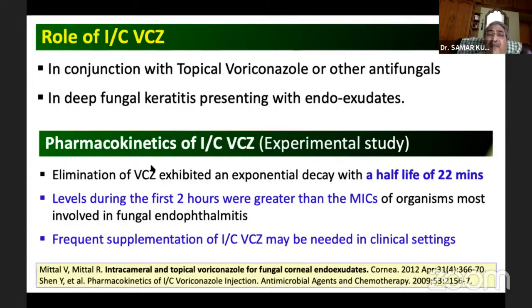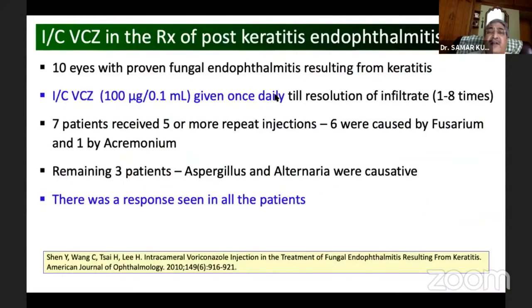Similarly with intracameral voriconazole, it doesn't have much role because its half-life is only 22 minutes. But the retina people use intracameral voriconazole for endophthalmitis, and sometimes we use it in post-keratitis endophthalmitis along with intracameral and intravitreal voriconazole.